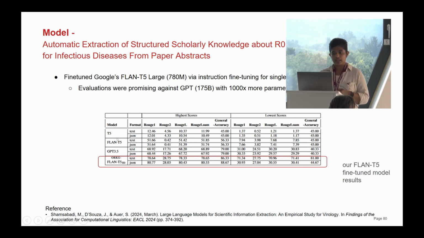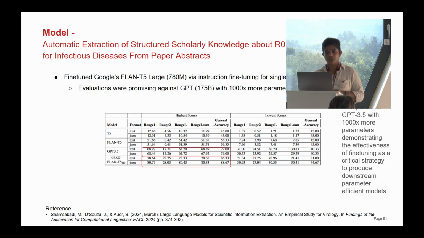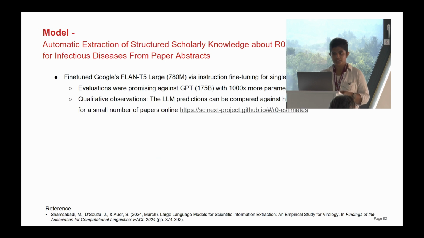And we found that it outperformed GPT-3.5, which was the state-of-the-art GPT model at the time. Of course, GPT-3.5 was known to have 1,000 times more parameters, and here we see the significantly smaller Flan-T5 model outperform it.